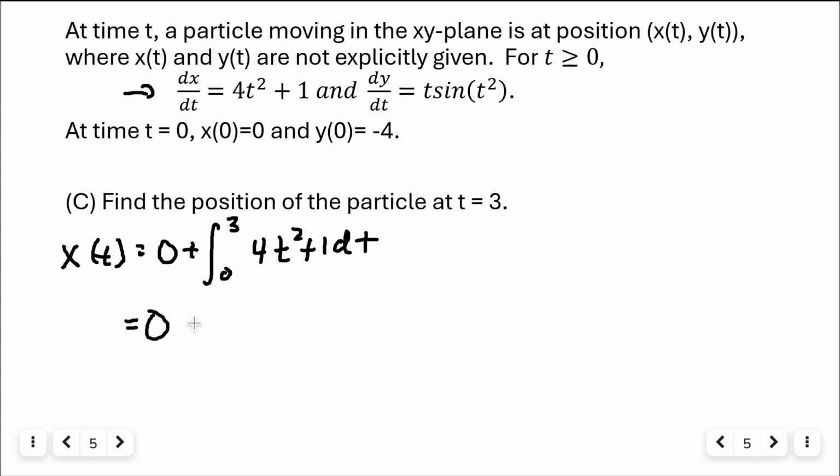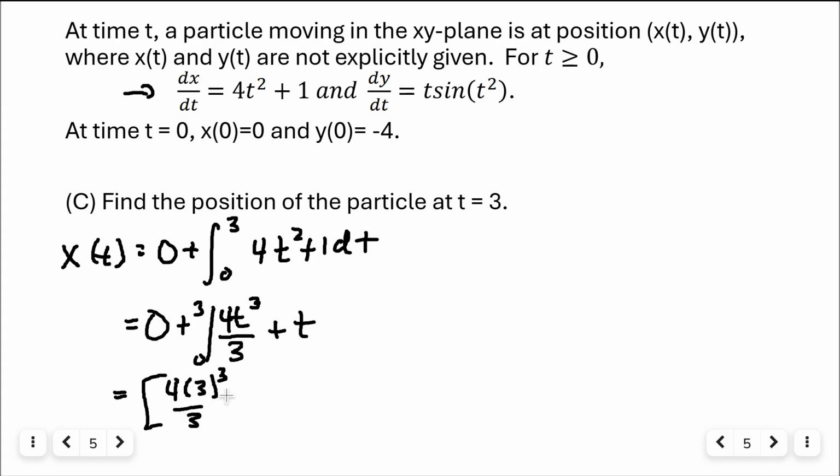All right, so that would be a straight line from 0 to 3. I could just integrate this: 4t cubed over 3 plus t. And then I'm going to substitute in 4 times 3 cubed over 3 plus 3, minus, if I substitute 0 in, I get nothing.